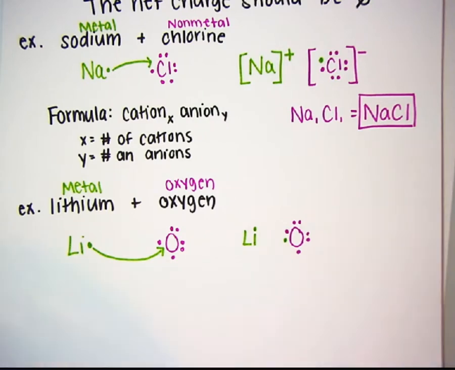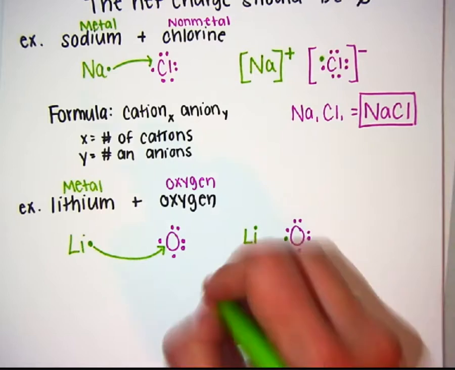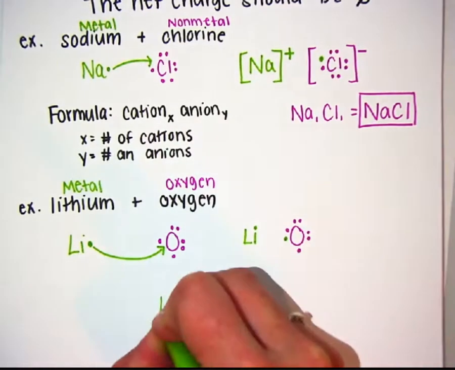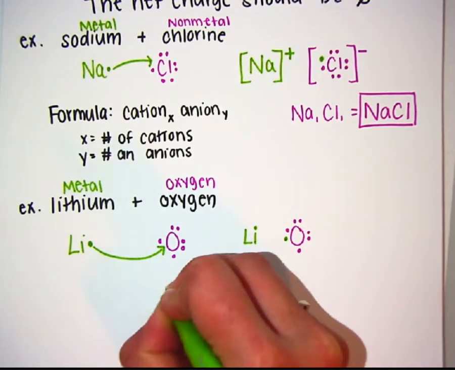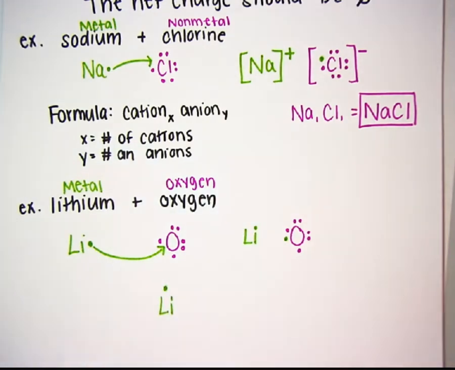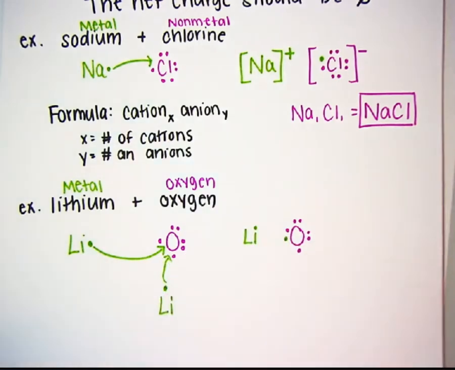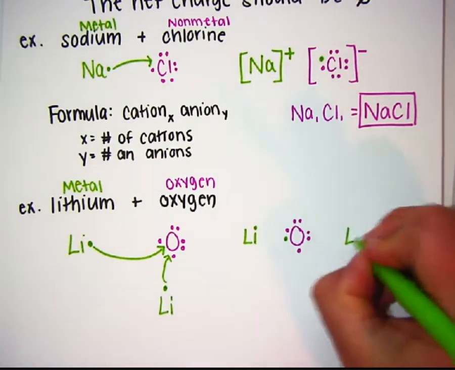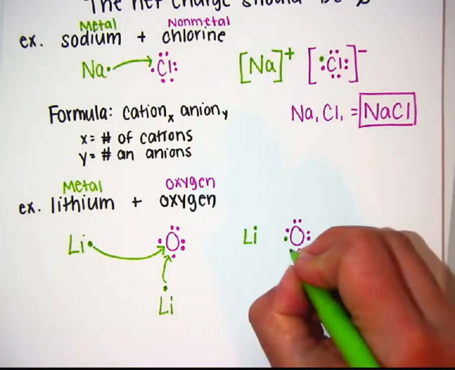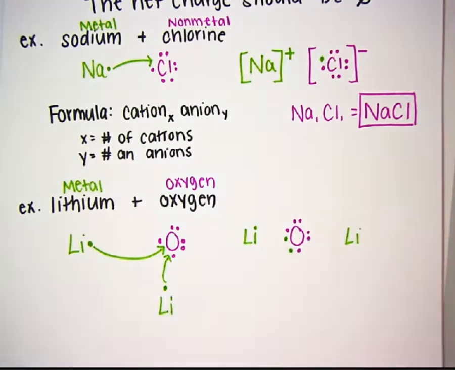So how can oxygen get 8 valence electrons? Well, I could add another lithium. Now if I have a second lithium and it also loses its 1 electron, oxygen now has 8 electrons.